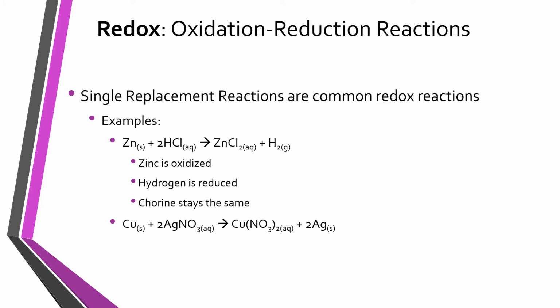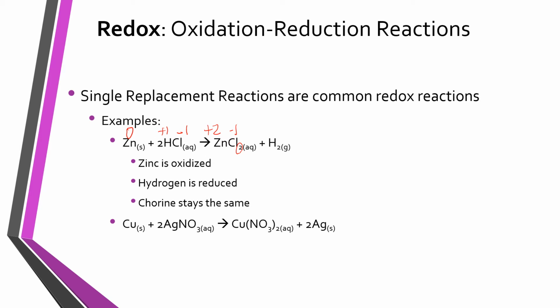So oftentimes, single replacement reactions are going to be common redox reactions. Something that's good to point out with this reaction right here: zinc is 0, hydrogen plus 1, chlorine is minus 1. Over on the right-hand side in the products, zinc is now plus 2 because it is with 2 chlorines, and each chlorine is minus 1 times 2 gives me minus 2. So I need plus 2 total.